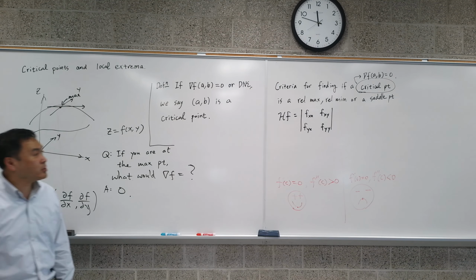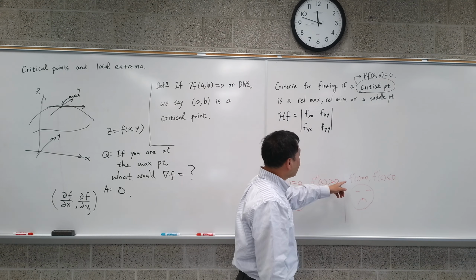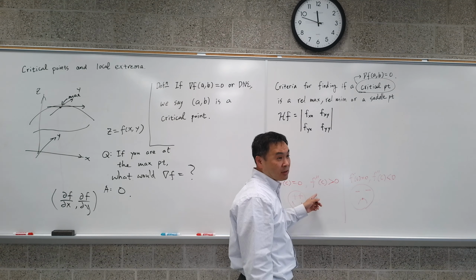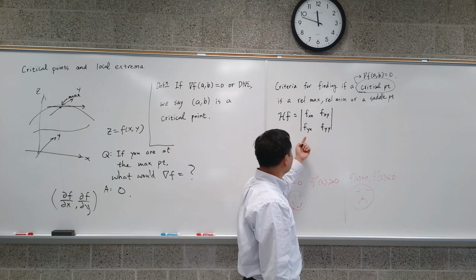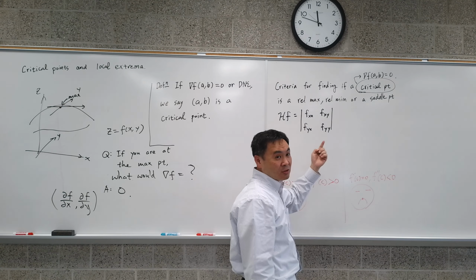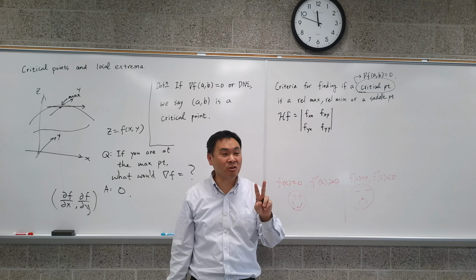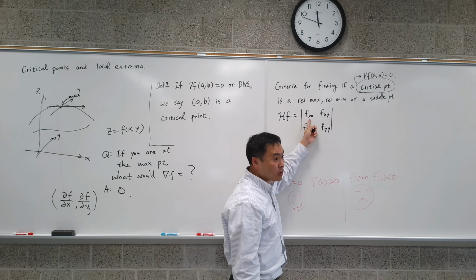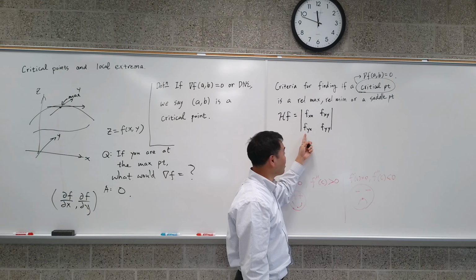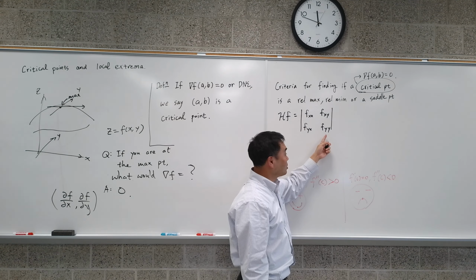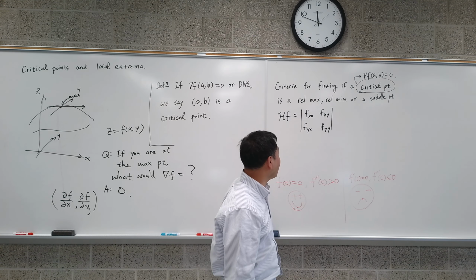So the Hessian is, we're taking the second derivative just like the second derivative test, but the catch here is that in the two variable case, you have two variables you can differentiate with. So you can differentiate by x twice, or by x and then y, or by y and then x, or by y twice, right? So that's what you have.